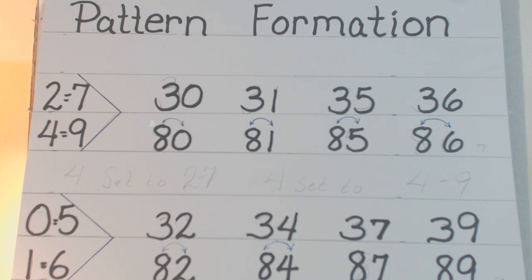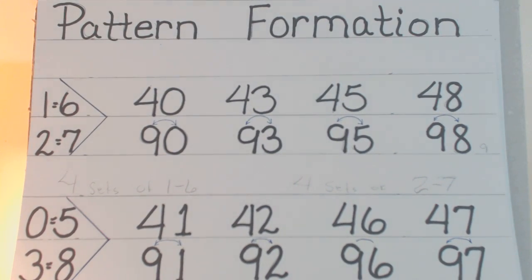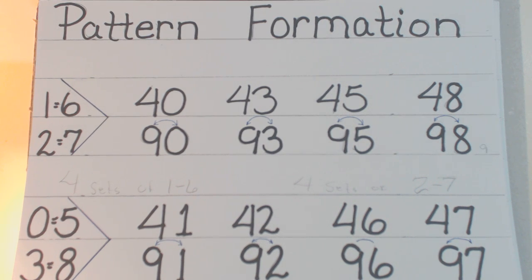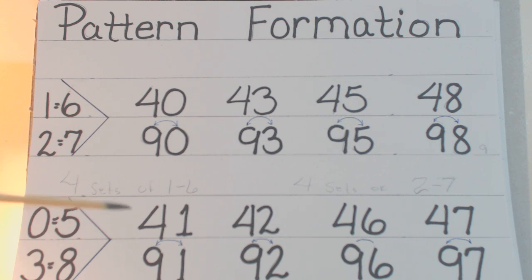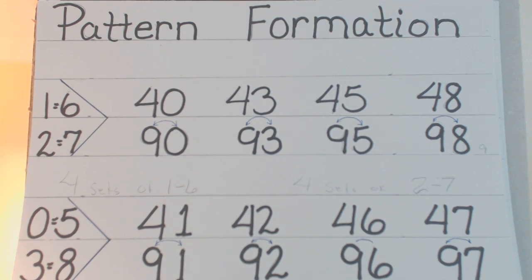And this is your 9th group. The 1 and 6 are equivalent, the 2 and the 7 equivalent to each other in matrix, the 0 and the 5, the 3 and the 8 equivalent. And this is the 9th group and the 10th group.